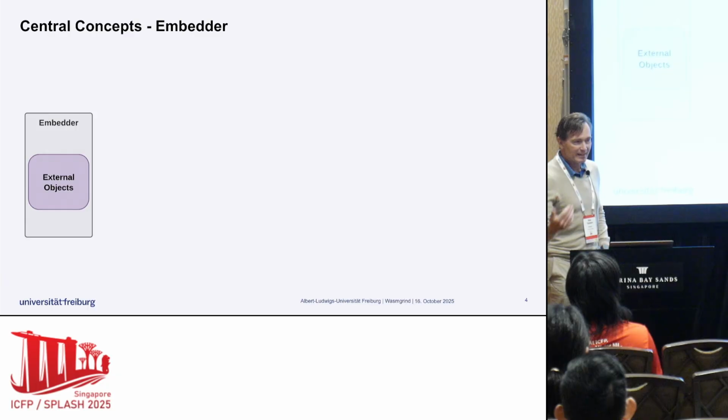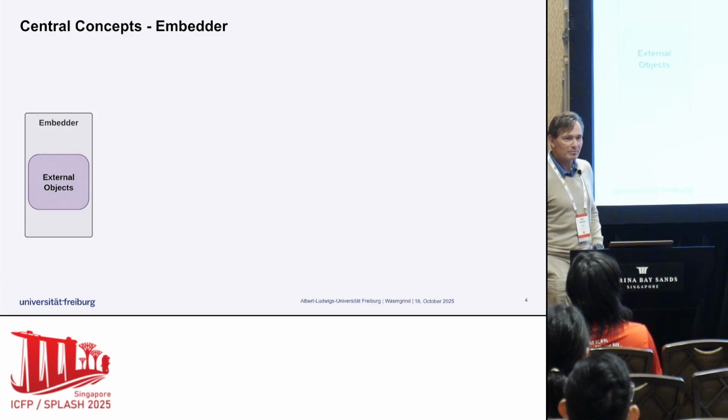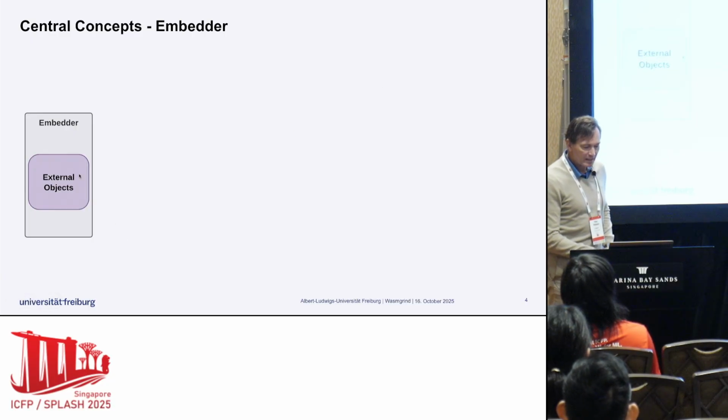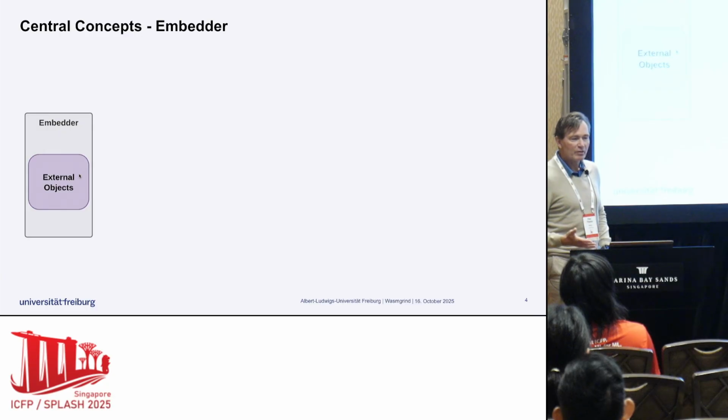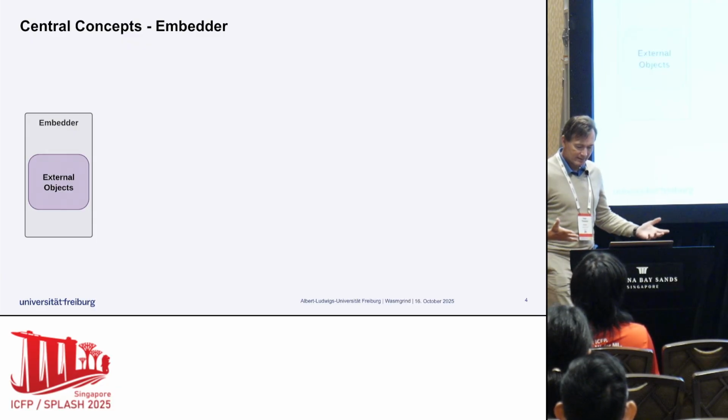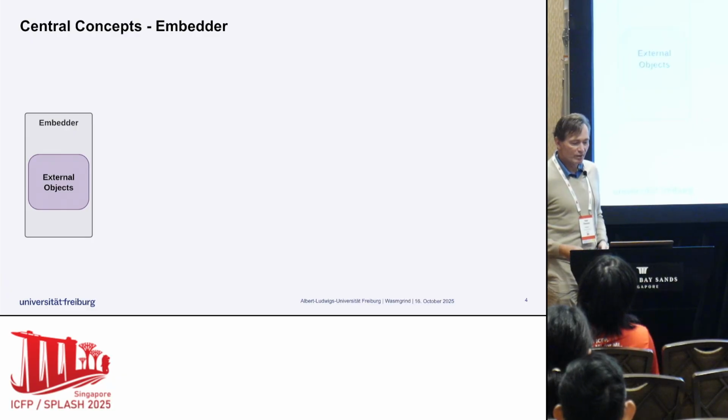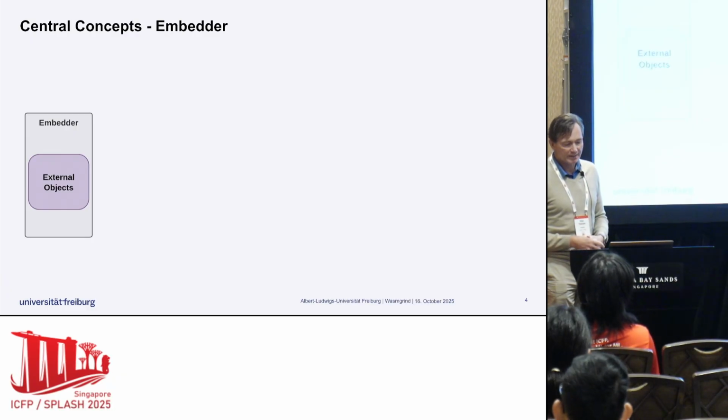It could be a standalone Wasm runtime, it could be a browser, and any services that are provided are really provided via these external objects. Now, if the embedder offers concurrency as a service, then it's via these external objects.